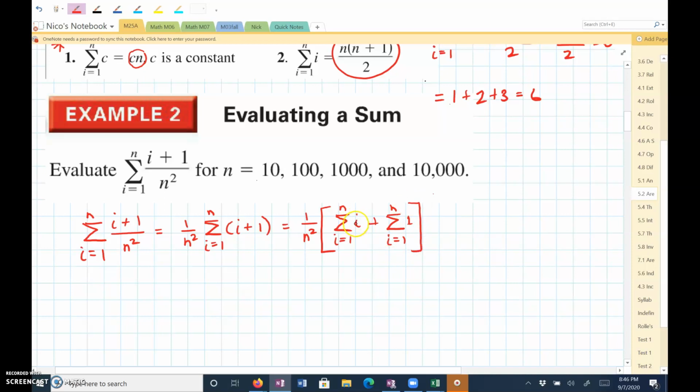Now we know that this right here, let's do 1 over n squared, that's going to be equal to n times n plus 1 all over 2. And this is c times n, so this would be 1 times n, that's going to be n.